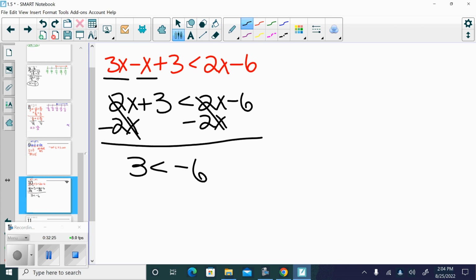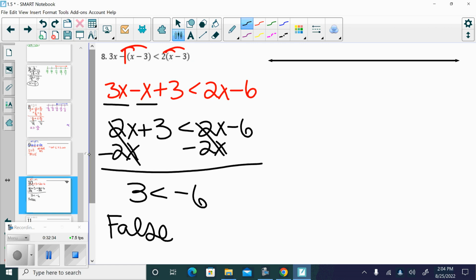Okay, so that's a false statement. No solution. Very good. So just like with equations, when you get a false statement, your answer is no solution. And I'm pretty sure on your homework, if you get no solution, there's a big button that literally says no solution. So, no solution because I got a false statement. So no number I plug in is going to work.